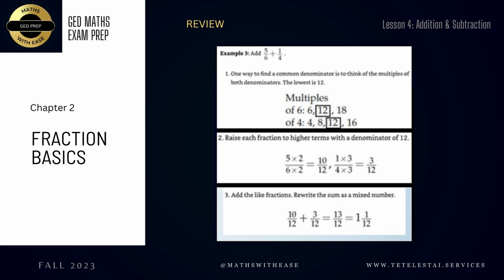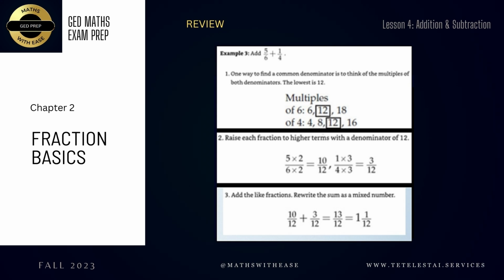So then you need to ask yourself, well, what did we do with 6 to get 12? And what did we do with 4 to get 12? Well, to get 12, when we're dealing with 6, we multiplied by 2.